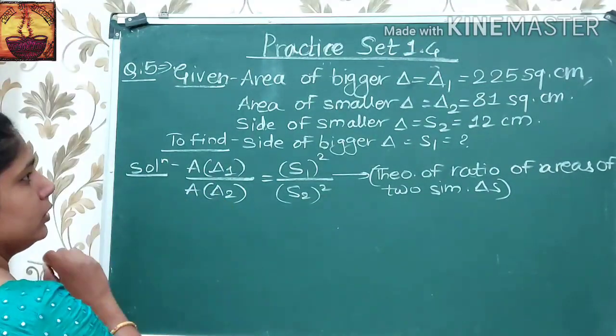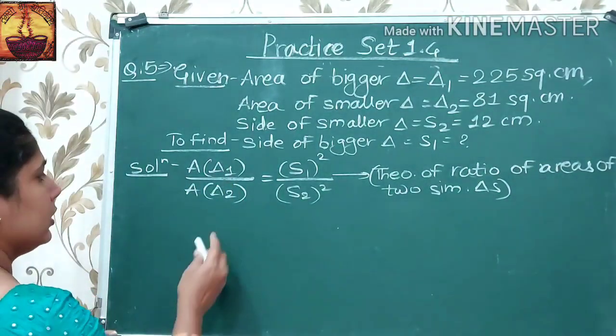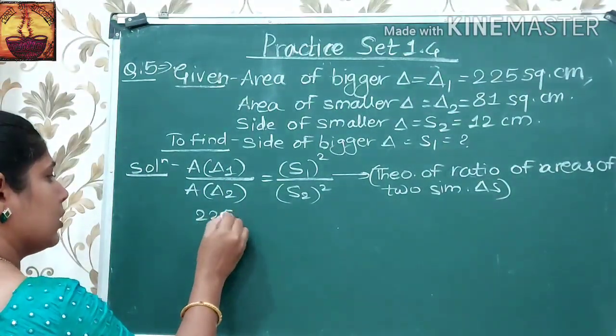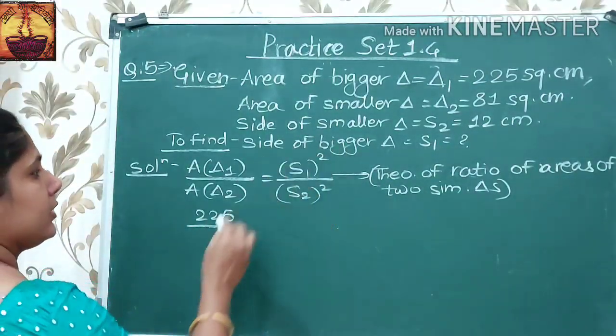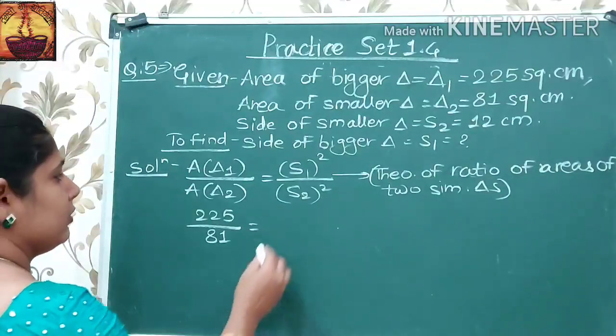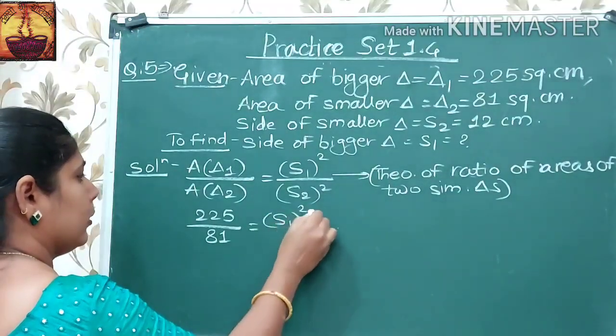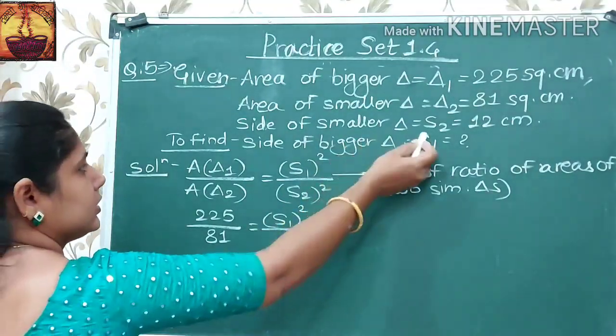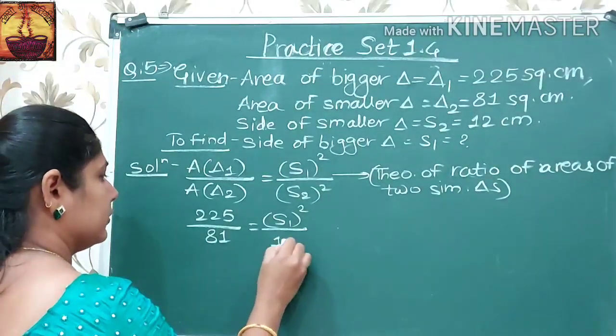Here the ratio is area of triangle 1 is 225 upon area of second triangle is 81 is equal to S1 square upon the smaller side 12 square.